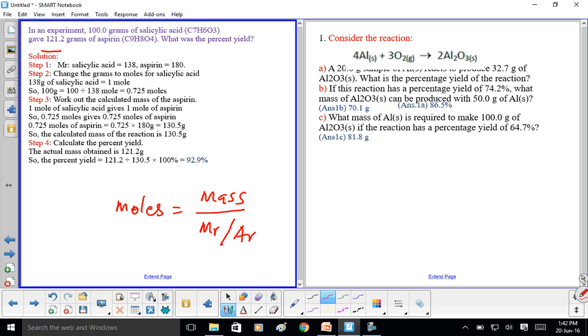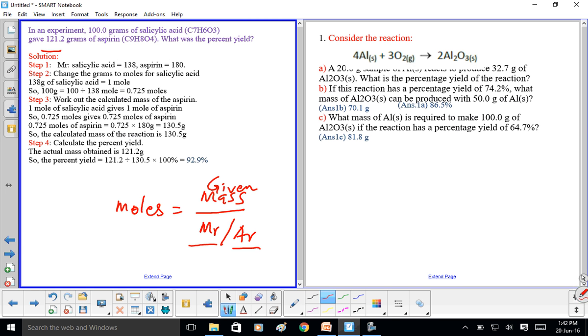MR is relative molecular mass, AR is relative atomic mass. Mass I must write as given mass. So first of all, we have to find the number of moles of salicylic acid and the number of moles of aspirin.